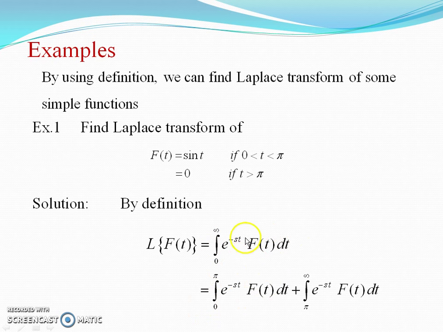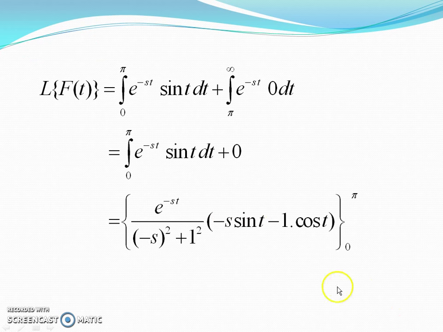Here f of t is not a continuous function, it is a discontinuous function, so we have to split the range of t from 0 to infinity into a sum of two integrals. First integral, t from 0 to pi, e to the power minus st f of t dt, plus the second integral, t from pi to infinity, e raised to minus st f of t dt.